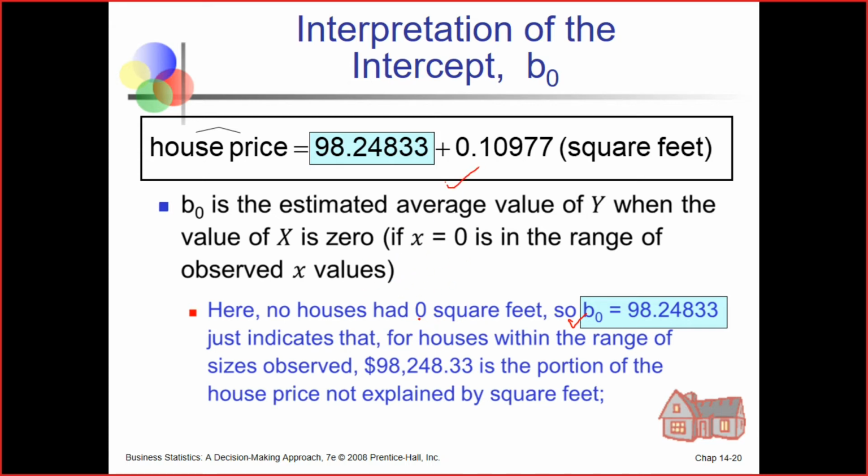Suppose there is no square footage, 0. They are asking, if there is no square footage, what is the value of the house price? It is 98 point something, only B0. And so on. If another value of X is given, you can calculate the value of the house price.